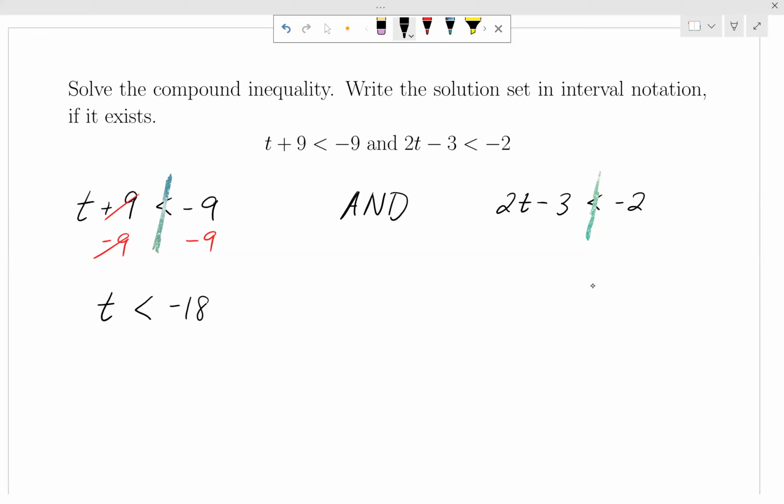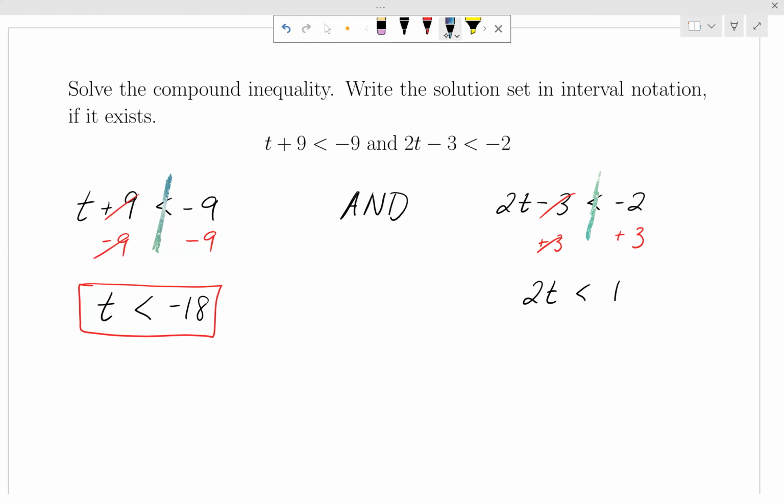So then for this first one, I'm going to box it in red. For this first one, we're only looking where t is less than negative 18. For the second one over here, I'm going to add 3 to both sides so that these 3's will cancel. And I'm going to get 2t is less than positive 1. Alrighty, I still keep the same order that my sign is in because all I did was add 3 to both sides.